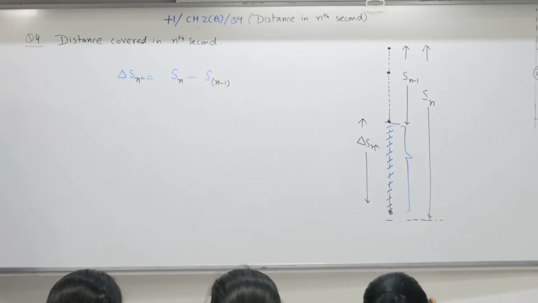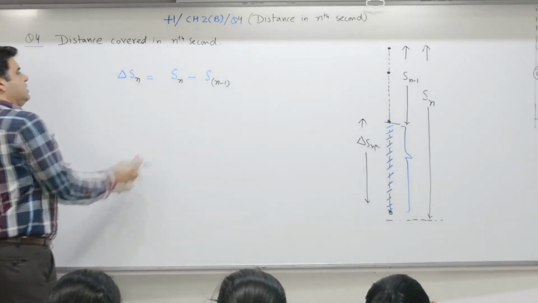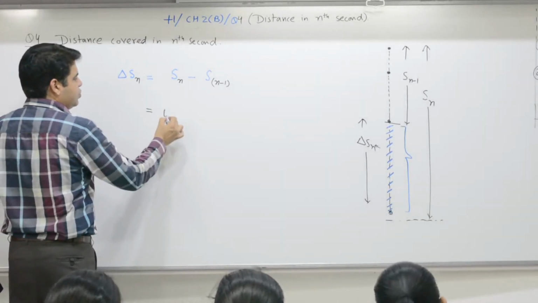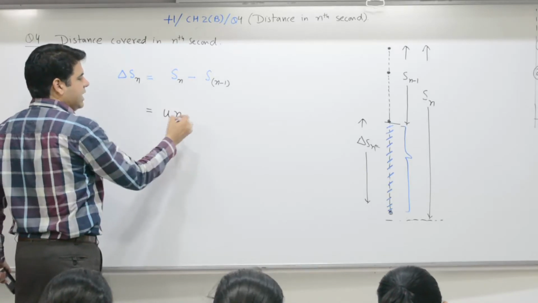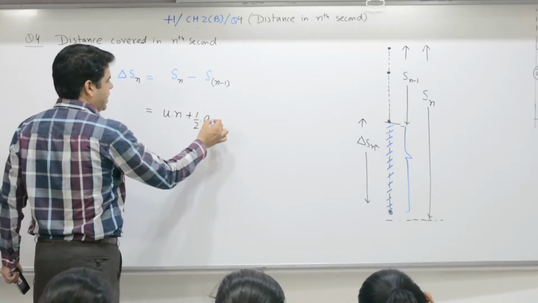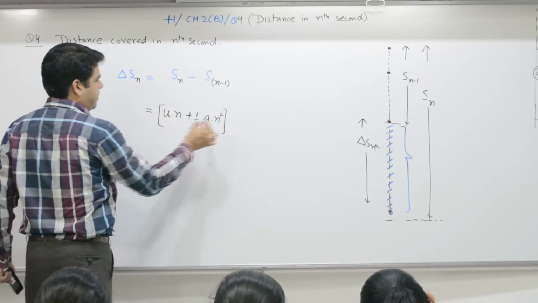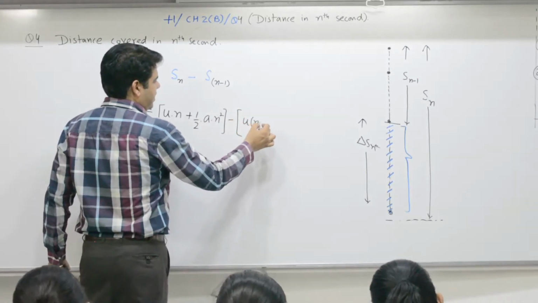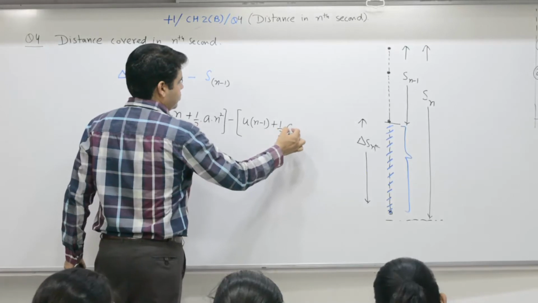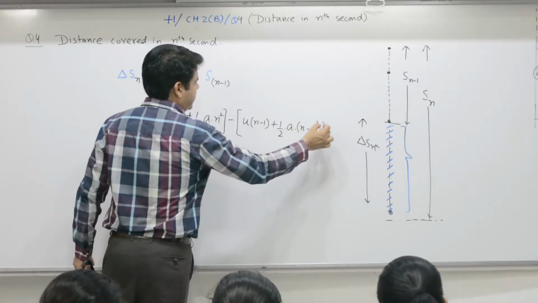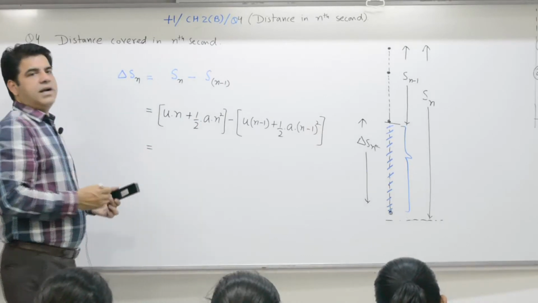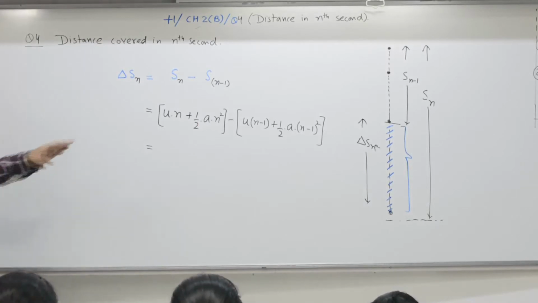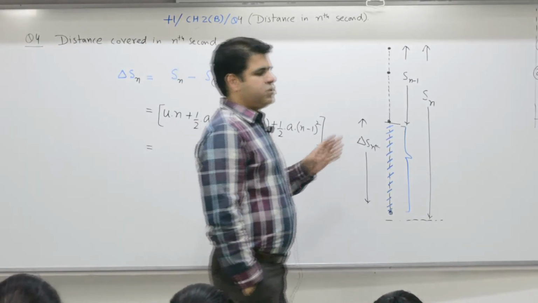Sn is ut, that is un plus 1 by 2 a n square, minus the distance covered in n minus 1 seconds: u(n minus 1) plus 1 by 2 a (n minus 1) square. Solve and answer. Draw the diagram, simplify and write the result. Time is 3 minutes.